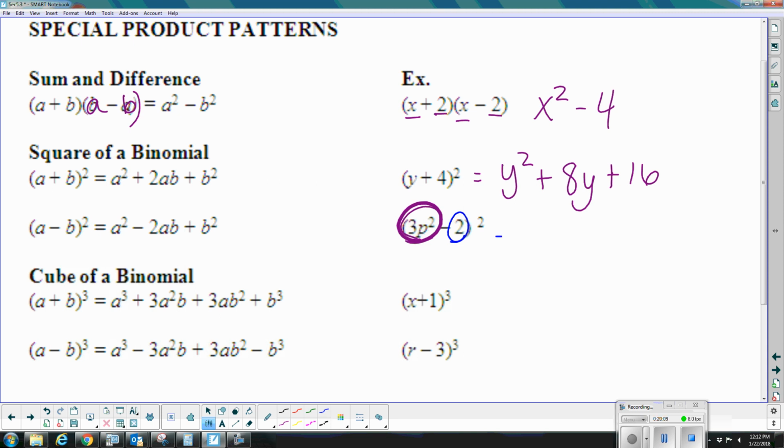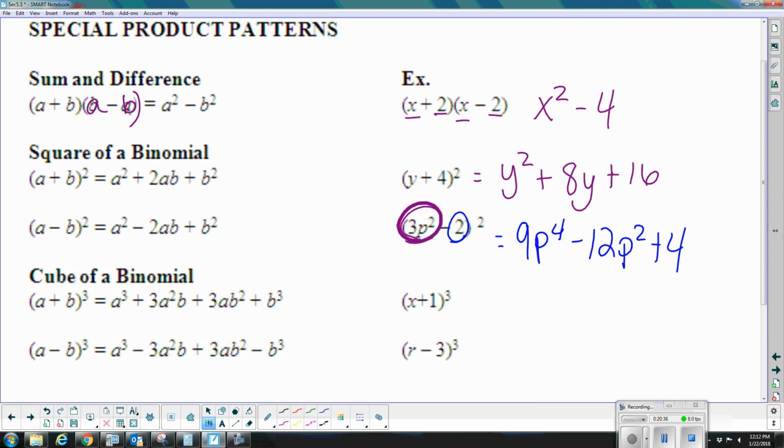If you remember your rules of exponents, that's 9p to the fourth. Minus 2 times a, so 2 times 3p squared, times b, which gives you negative 12p squared. And then you're adding b squared, which in this case is 2.